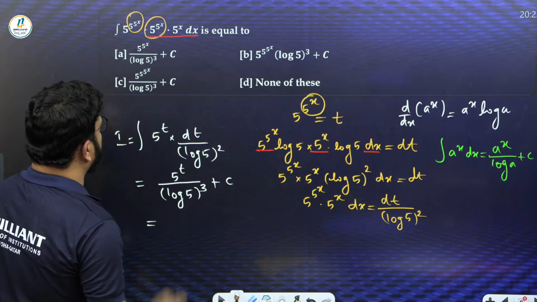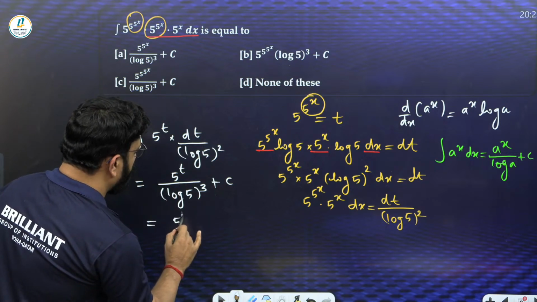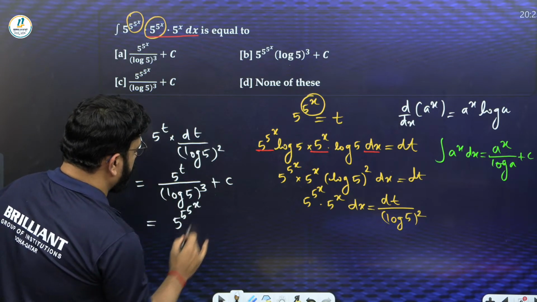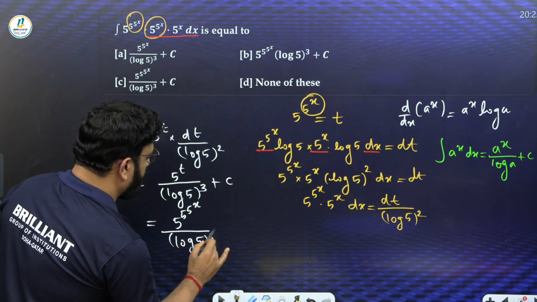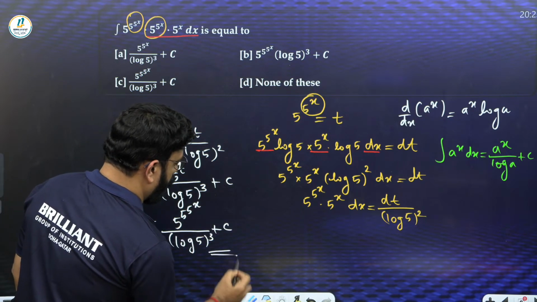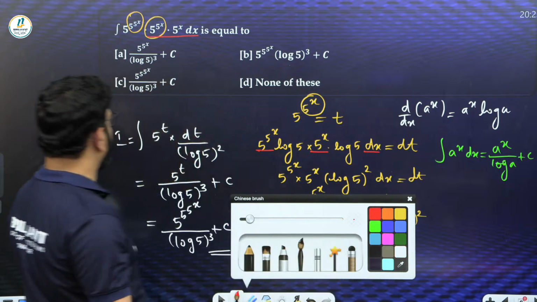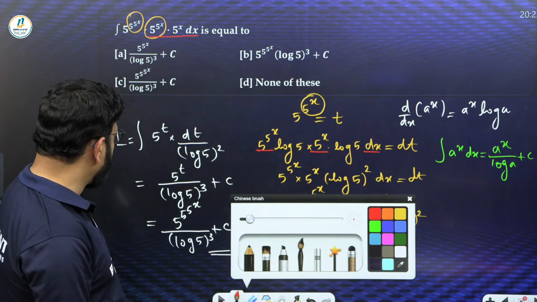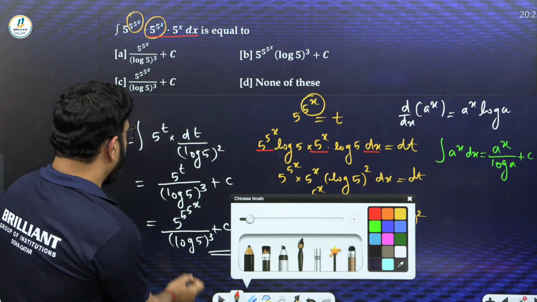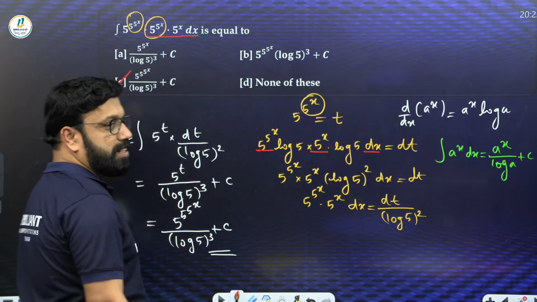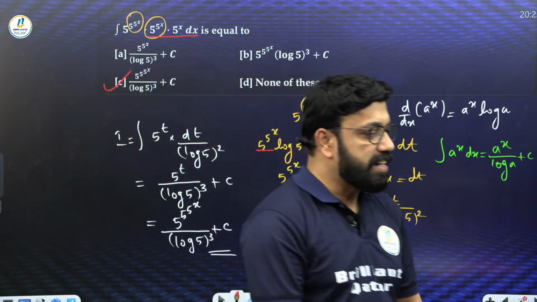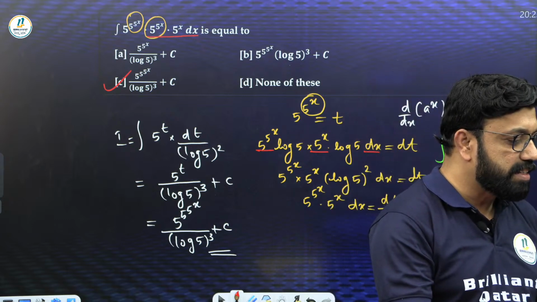What is 5 raised to t? 5 raised to t means 5 raised to x divided by log of 5 the whole cube plus c. We can check whether that option is there or not. Which option is there? 5 raised to x by log 5 whole cube. Yes, the answer is there. Option C is the right answer. Yes, Nima, correct answer.